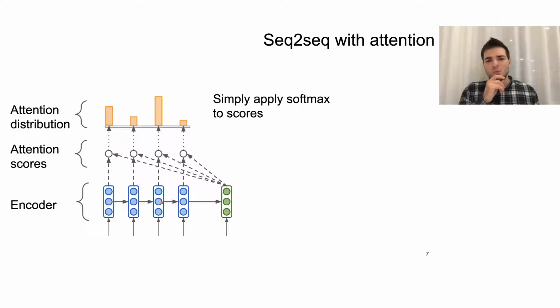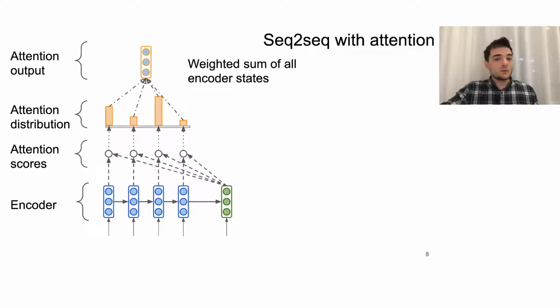And now, what do we do next? Of course, we can pick this vector, but we see that the first element is also kind of important for us. Why not simply average, but with weights? That's the idea. So now we can use these attention distribution probabilities as weights for our encoder states, and finally get one new updated attention output, which incorporates all the information from the encoder, but in one fixed size vector.